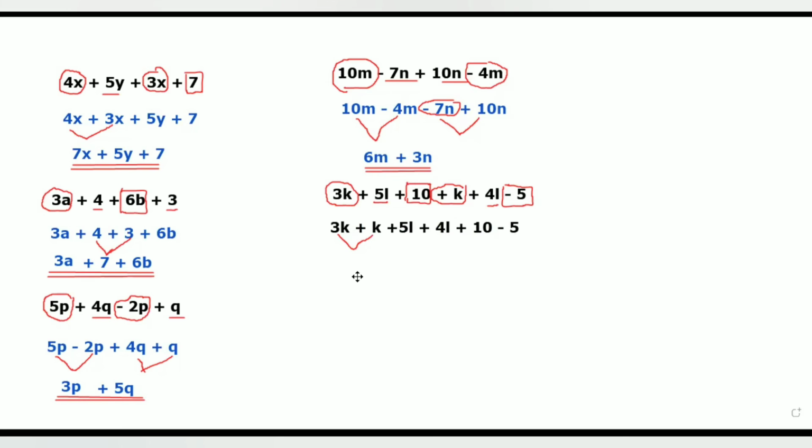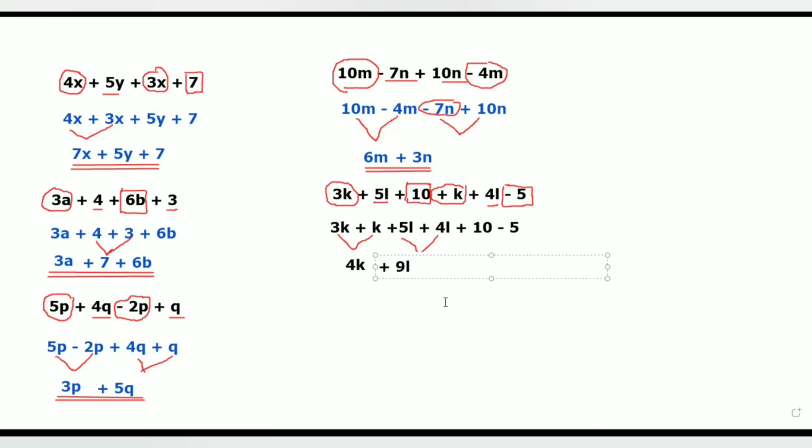3k plus k is 4k. Right? Then we have 5l and 4l. 5 and 4 are both positive, so it will be plus 9l.